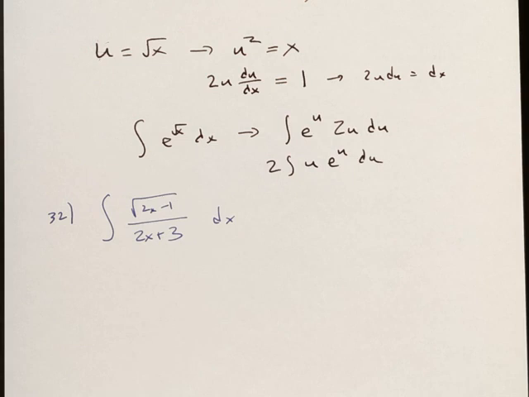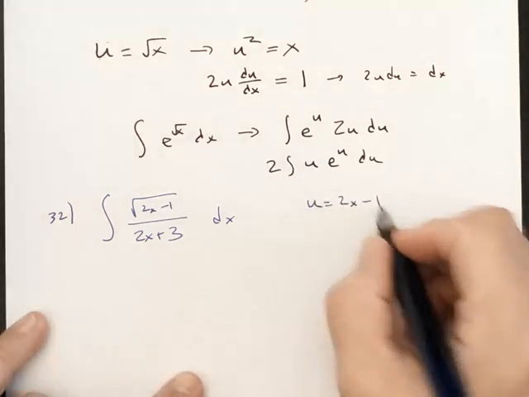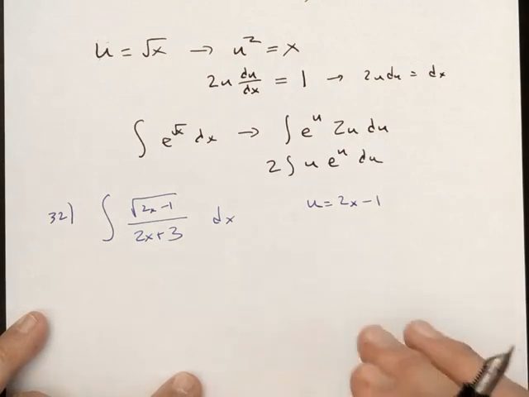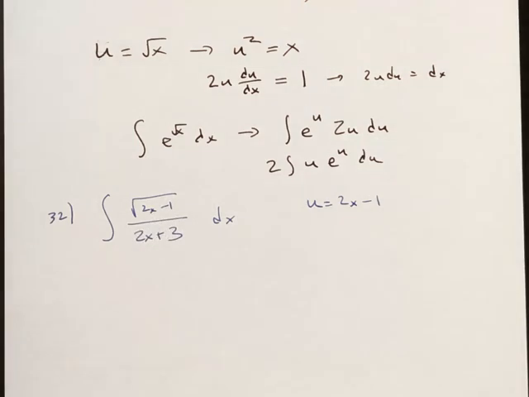We'll go with the stuff with the square root, right? Then that top is now u under a square root, yes?